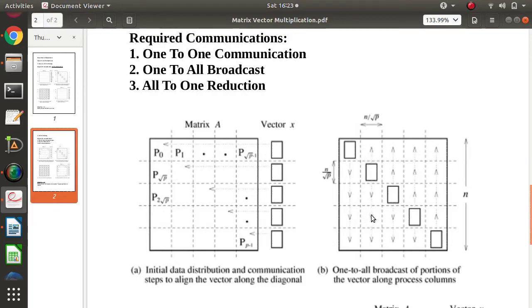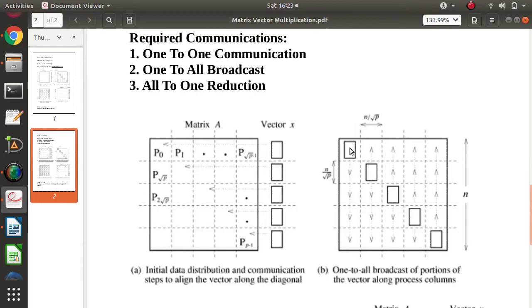The processes in this column holding these values also require this value of the vector.